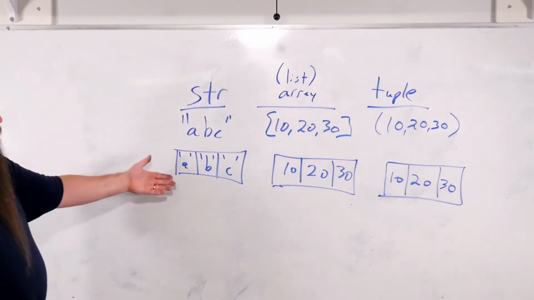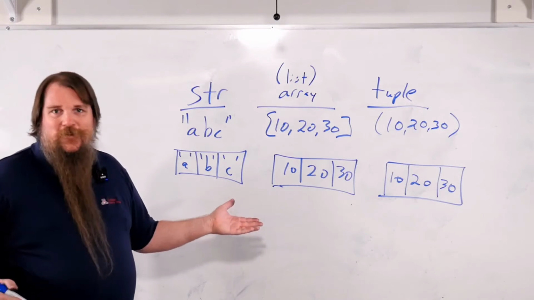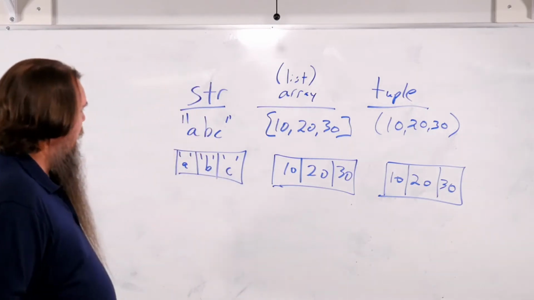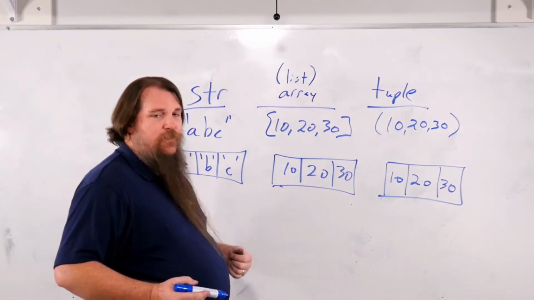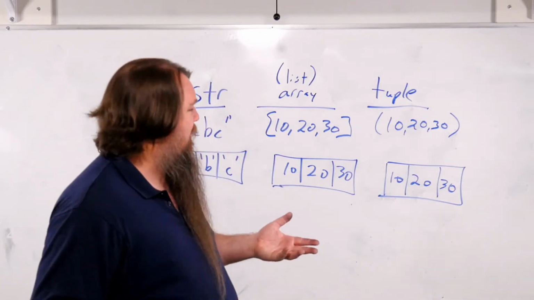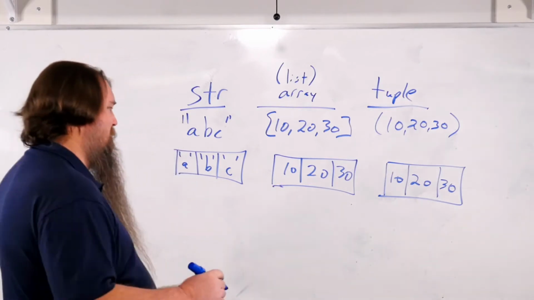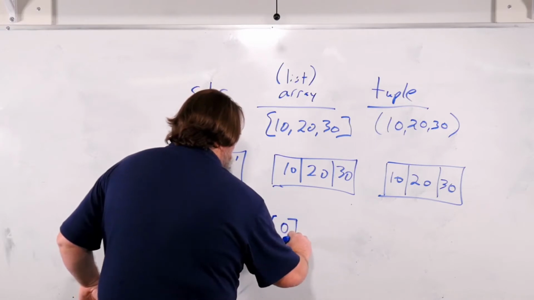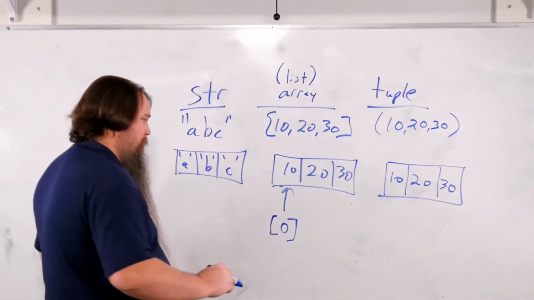All right, so what are operations that you might want to do on these? Well, in all of these, you might want to go access a particular element. And so you would say, what is the third element? Well, Python, as most programming languages do, uses zero-based indexing. So element 0, so bracket 0 here, that's the first element.